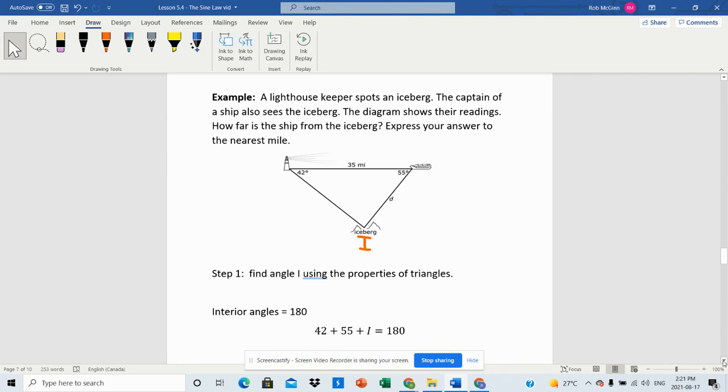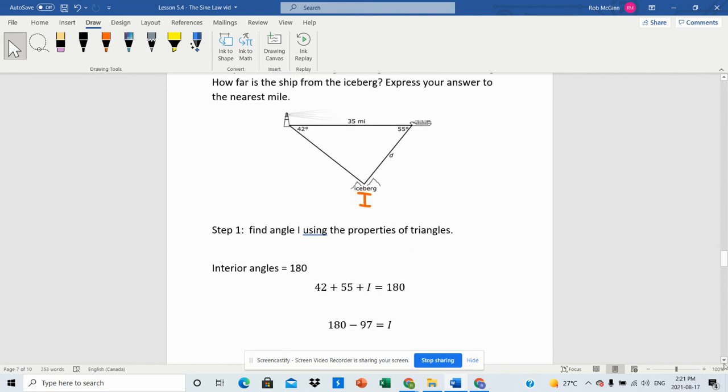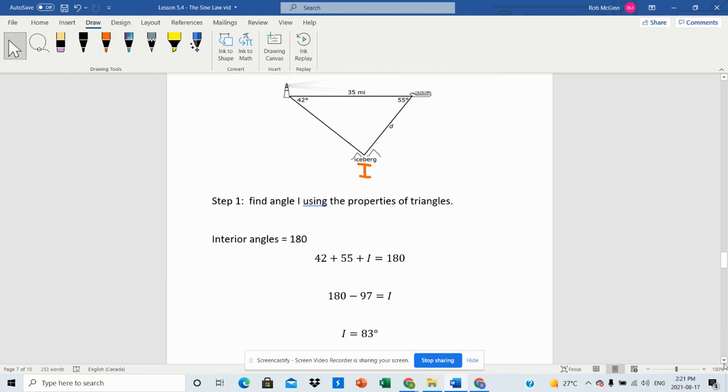42 plus 55 plus I for iceberg, that's why I labeled it I, is equal to 180 degrees. So we can just rearrange this and solve for I. So I is actually equal to 180 minus 97, or that missing angle is 83 degrees. So 83 degrees.